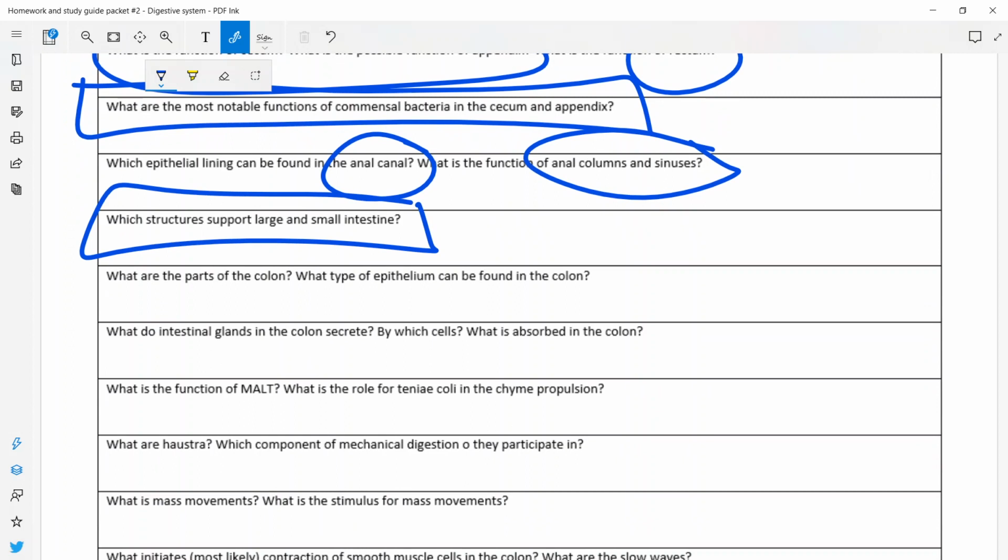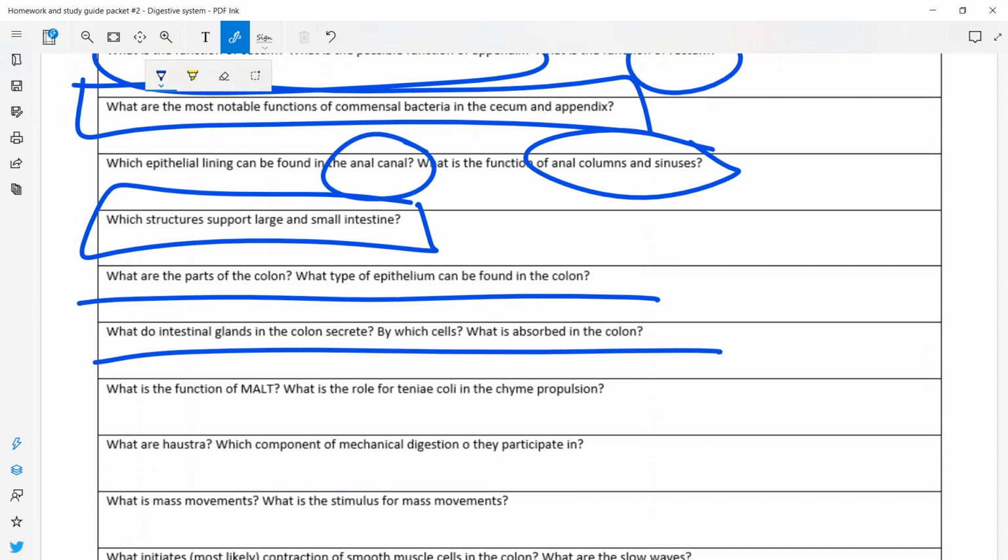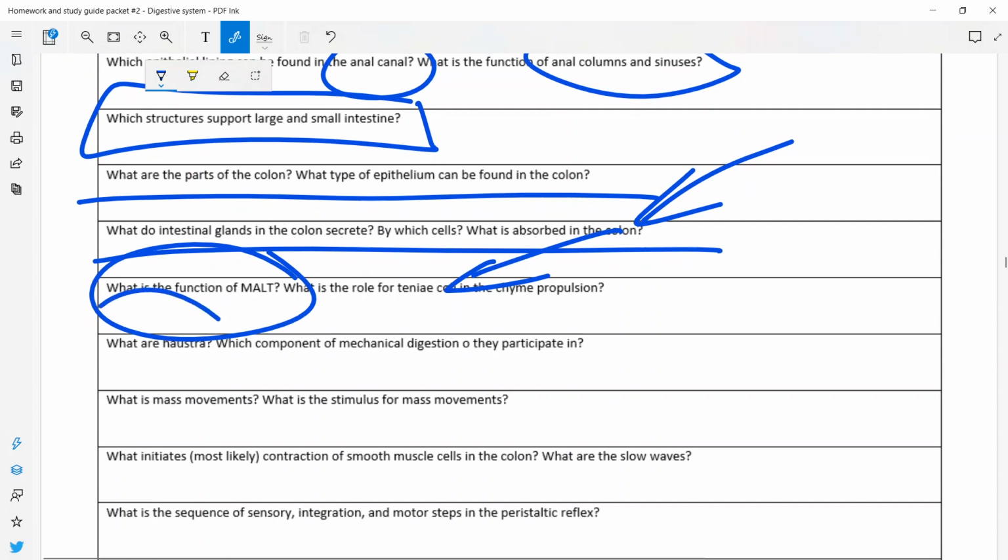So, okay, parts of the colon, epithelium, columnar, already got this. Intestinal glands secrete mucus, basically. Water and some ions are absorbed in the colon. Mucus protects from infections. Taenia coli are responsible for generation of so-called mass movements. Haustra are individual anatomical pockets in the large intestine.